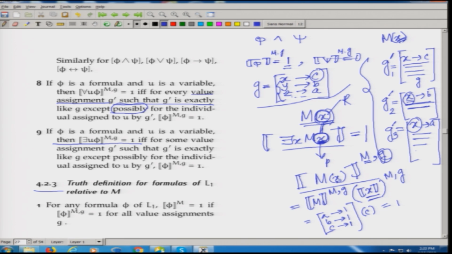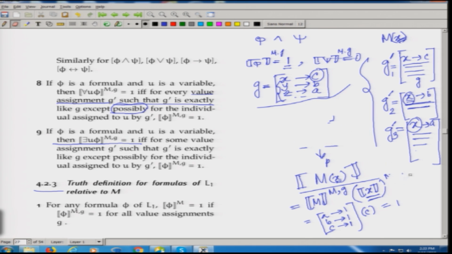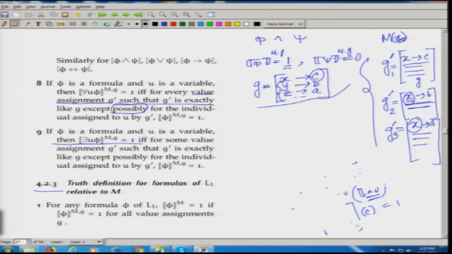Now, in light of this, we shall try to compute the truth value of one sentence, that is all x mx.